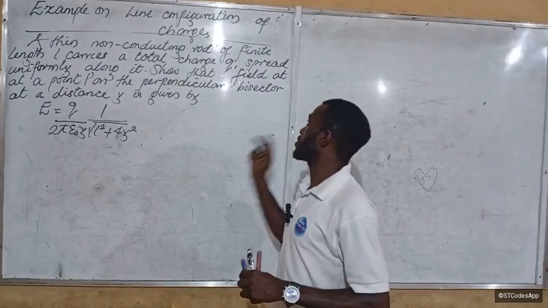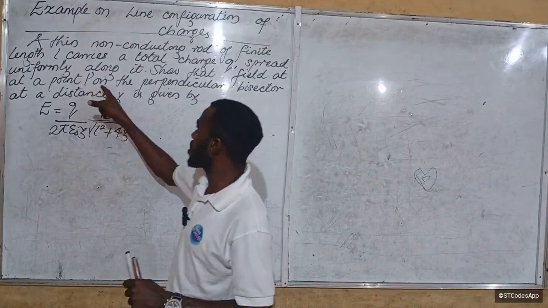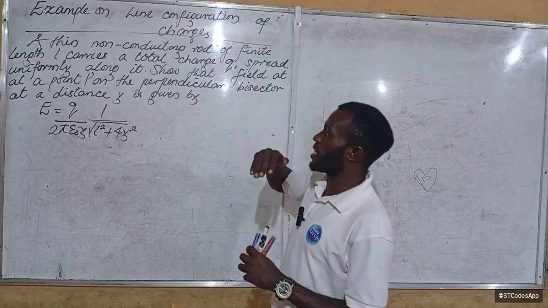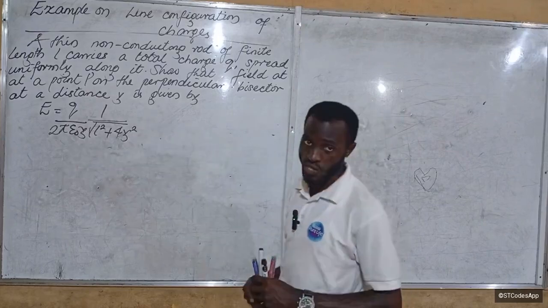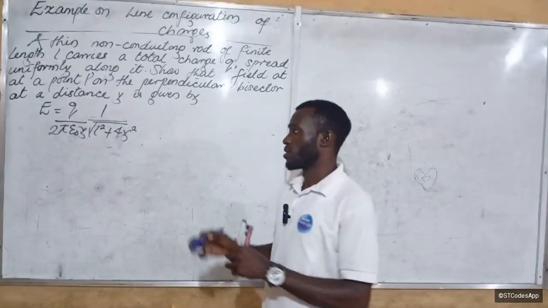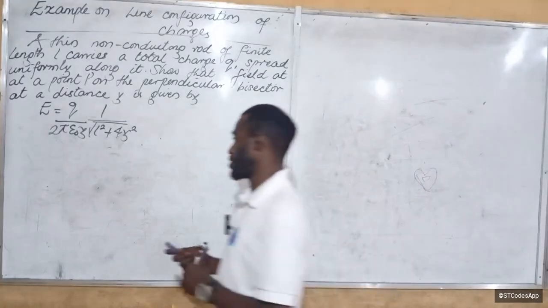Now show that the field at a point P on the perpendicular bisector at a distance y is given by this equation. All right, so let's put that in a diagram so that we can understand what is happening.